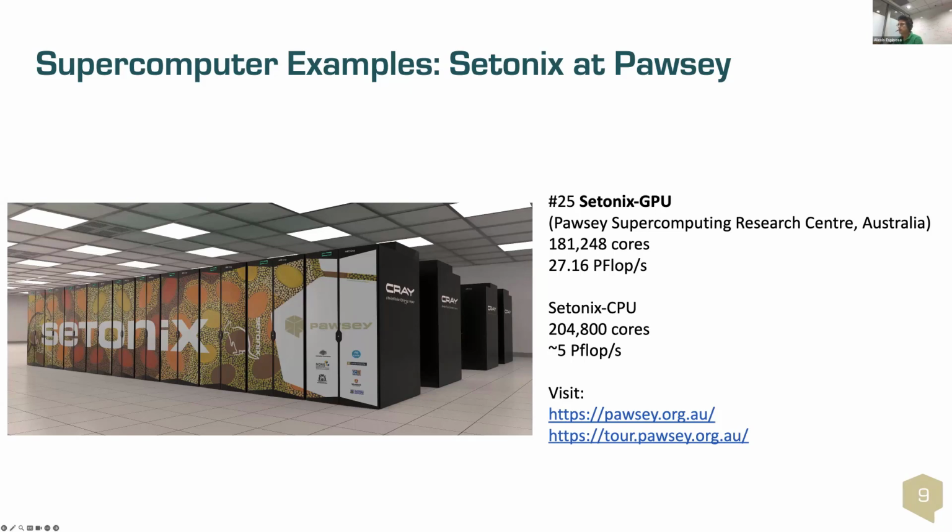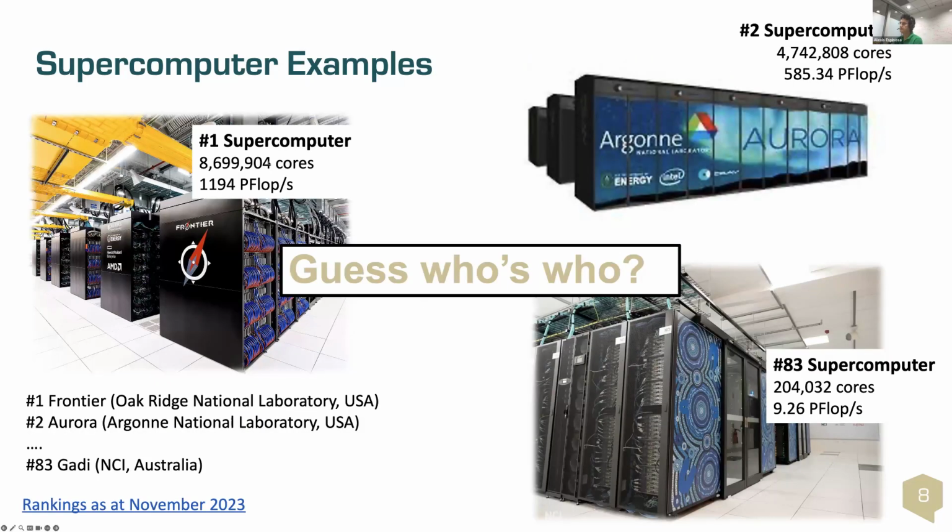Hewlett Packard bought the Cray company, which has been making supercomputers for a long while. So it's now an HPE Cray. And these other two, the 1 and 2, are also HPE Cray supercomputers.